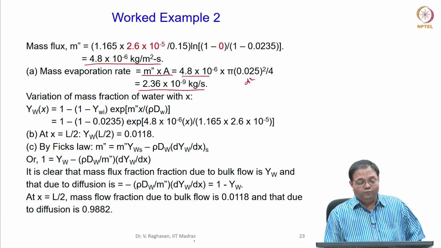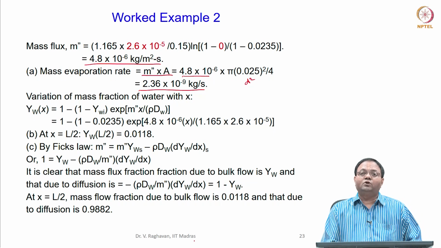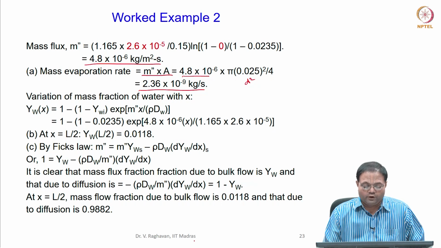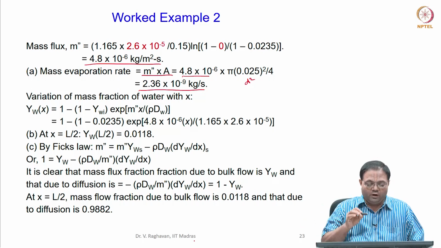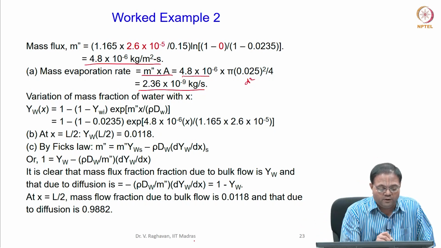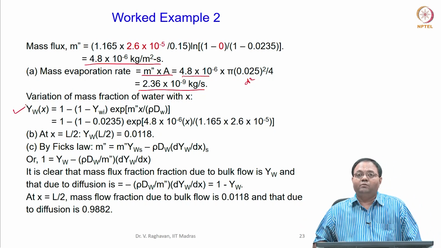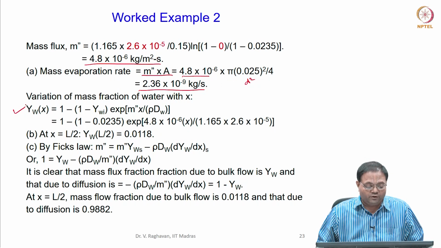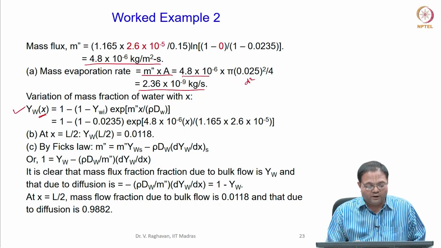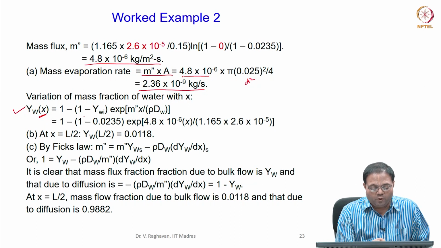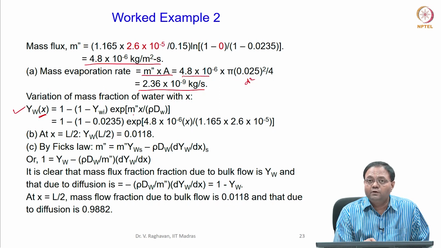Now, we need to determine the mass fraction of water at the L by 2 location. The total column height above the interface is L. So, let us first find the water vapor mass fraction as a function of x. That is given by 1 minus ywi into exponent of mass flux into x divided by rho dw.